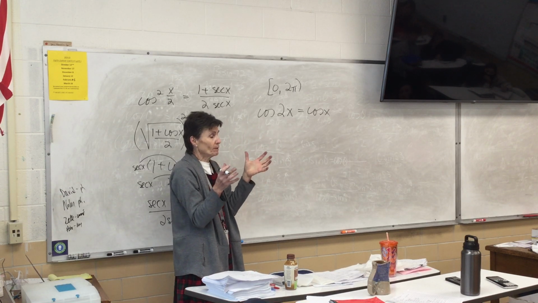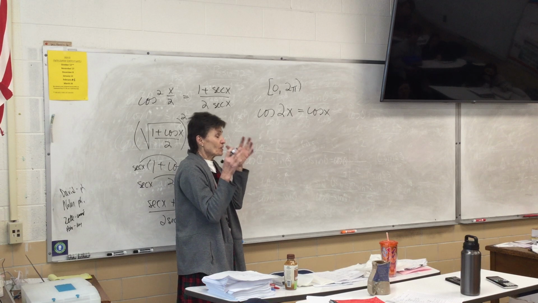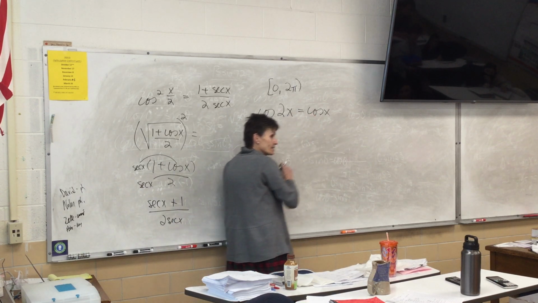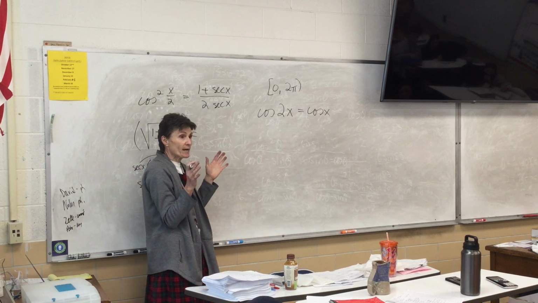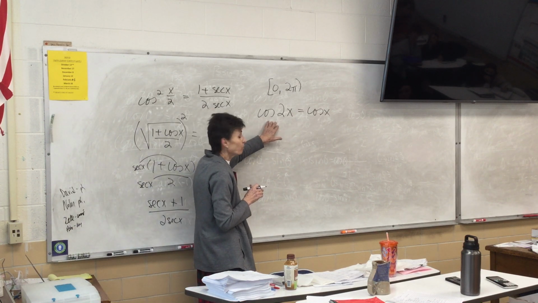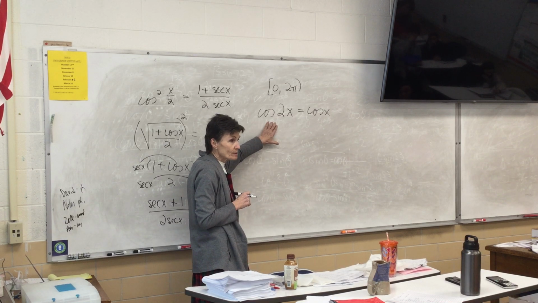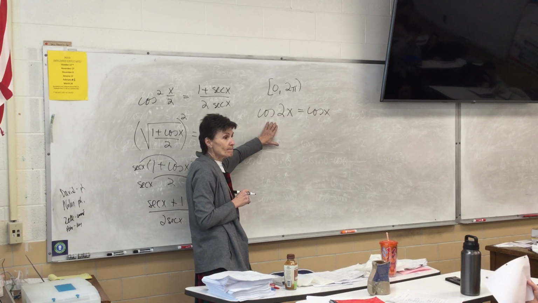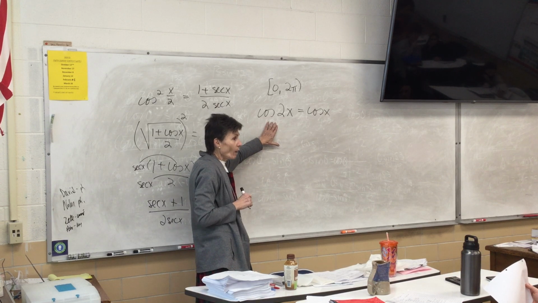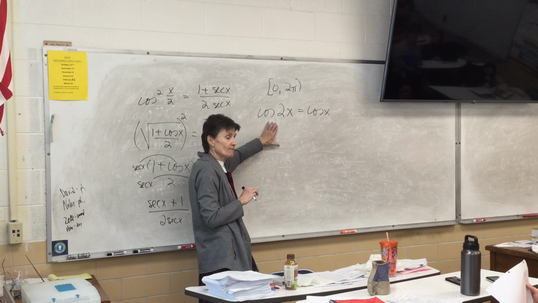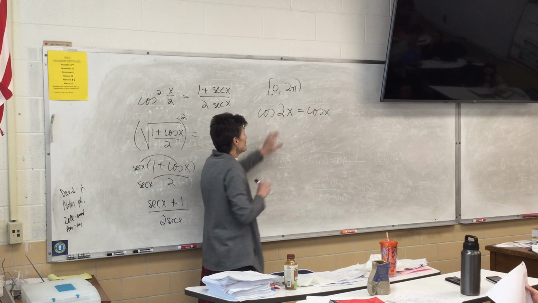You can do a problem in 2 x's, but you can't do a problem in 2 x's and x's. So something's gonna have to be changed. And since we have a formula for this, I would suggest we change that, cosine 2x, right? Now, this is one of those wild ones. We actually have 3 versions of that formula.